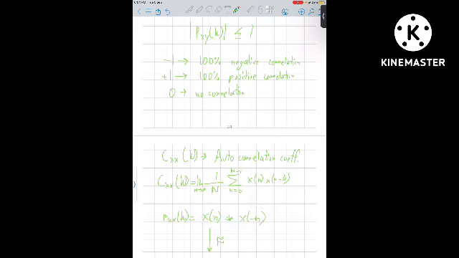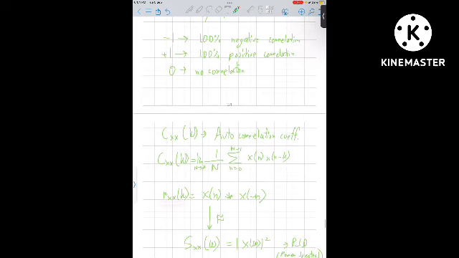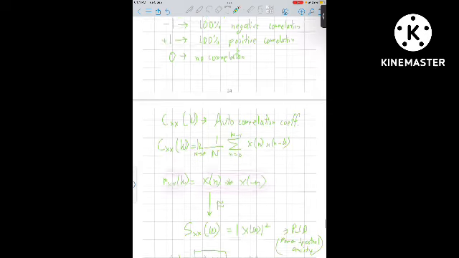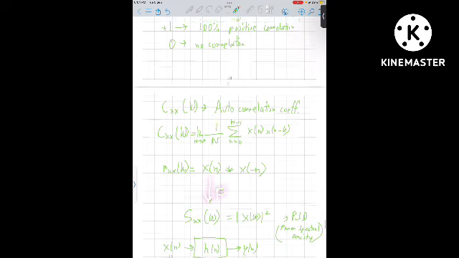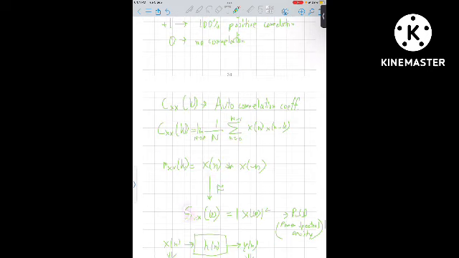And when you have a signal going through a filter h[n], with output y[n], this is a PSD, power spectral density.